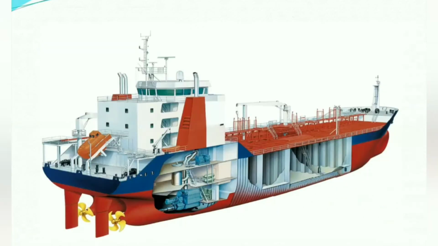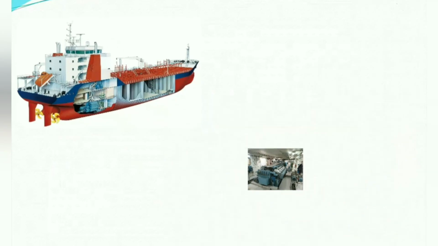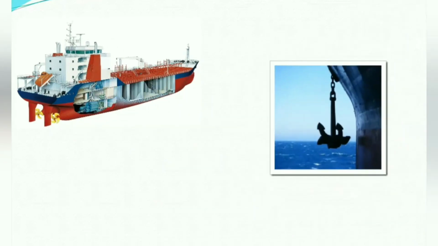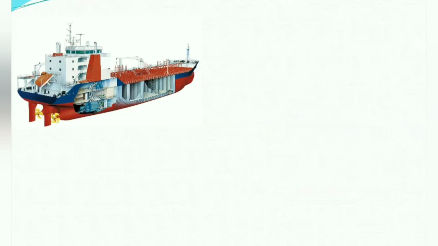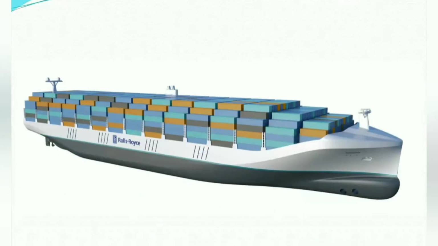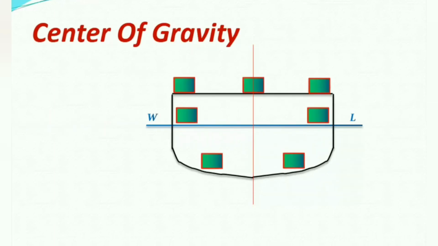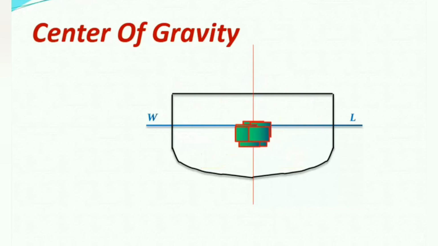Everything in or on a vessel has its own center of gravity. The engine, the anchor, the ship's hull itself, your batteries, the cargo, and of course the liquid in your tanks. According to the weight and location, everything aboard contributes to the position of the vessel's overall center of gravity.